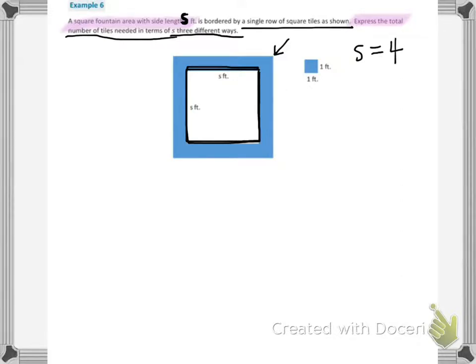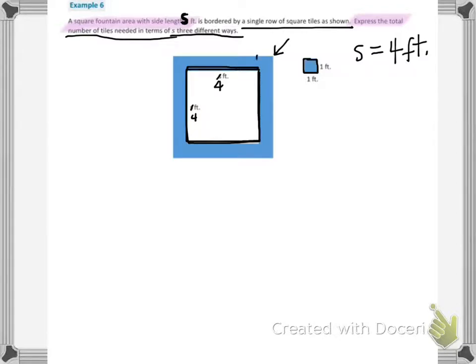And that means 4 feet. So right now we have 4 feet here, not S feet anymore. And we know that each one of these little tiles here is 1 foot by 1 foot.